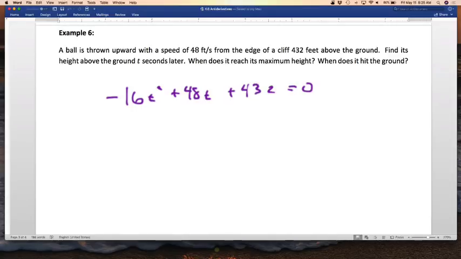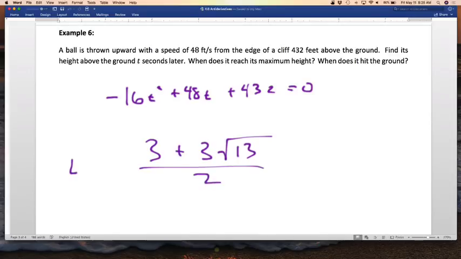So your best bet is to either graph and use your intersect feature, or you can use the quadratic formula. Okay? Remember that it's going to give you 2 points. We only want the positive value because we don't care about a negative time value. And so if you do it through, you'll get 3 plus 3 radical 13 over 2. That's when it hits the ground.